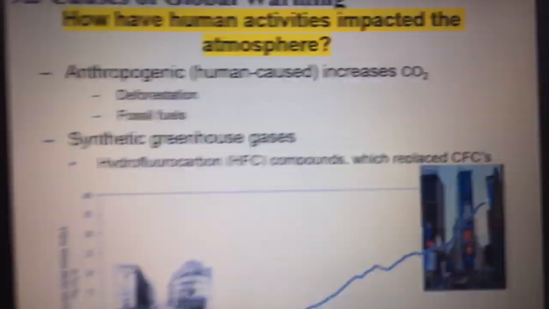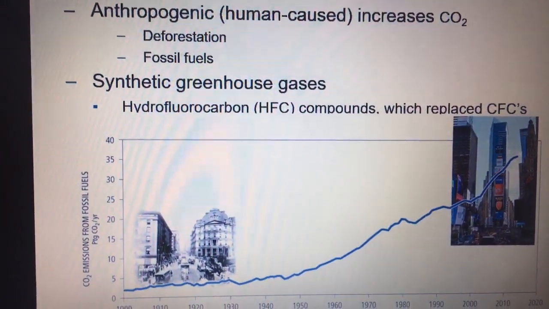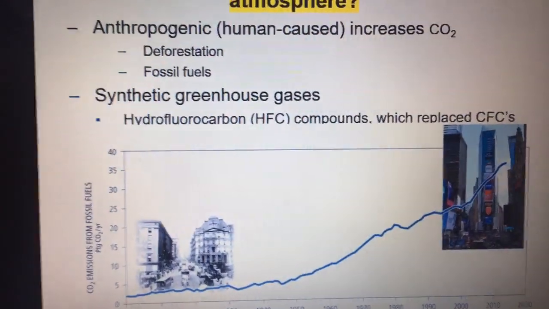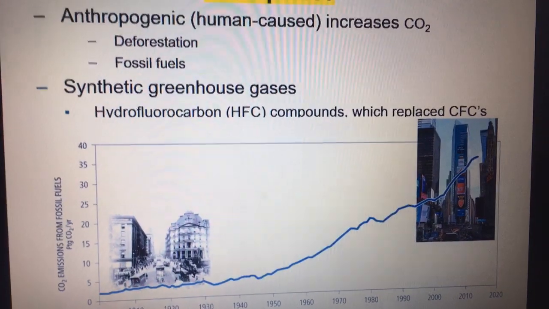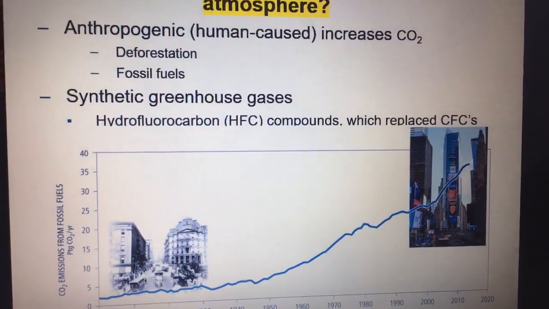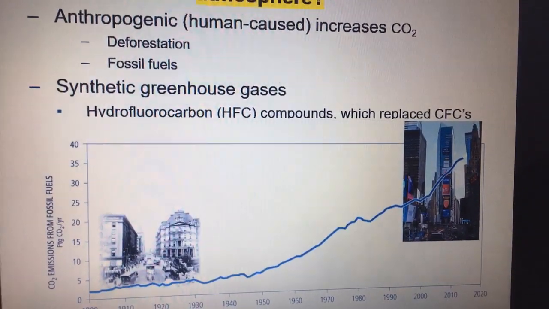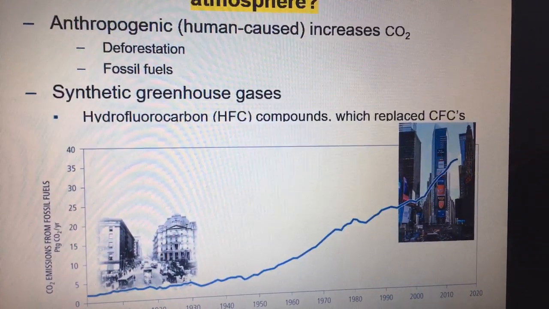More so than the UV radiation that could be filtered out through the ozone layer. So by taking chlorofluorocarbons and replacing them with something called hydrofluorocarbons, we helped the ozone layer. What we didn't help was greenhouse gases, because hydrofluorocarbons are a greenhouse gas. And that is one of the other things we're doing to add to the environment and the atmosphere. That is increasing the ability of our atmosphere to absorb heat.